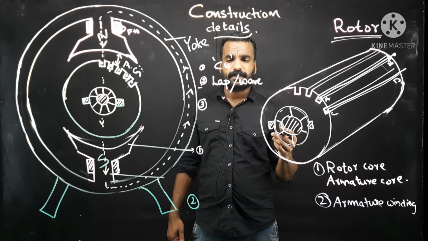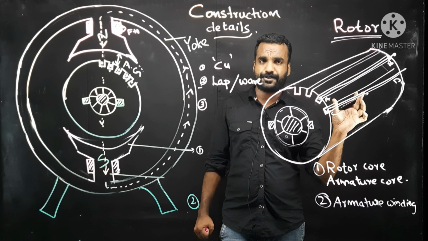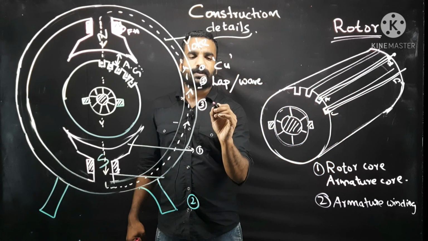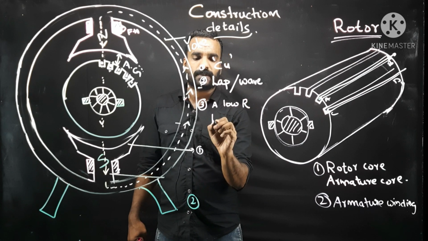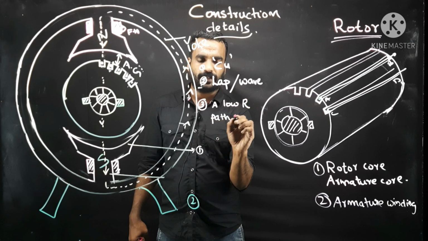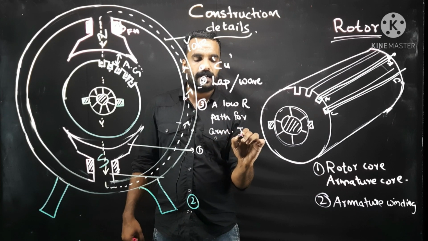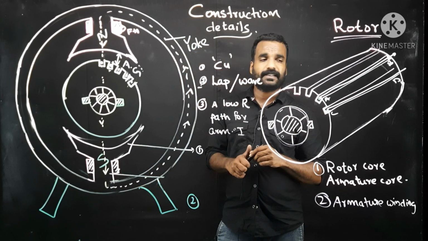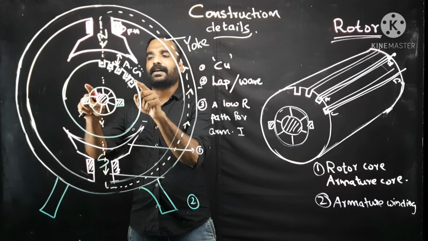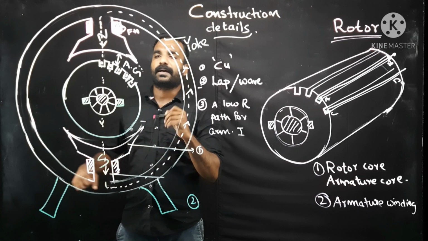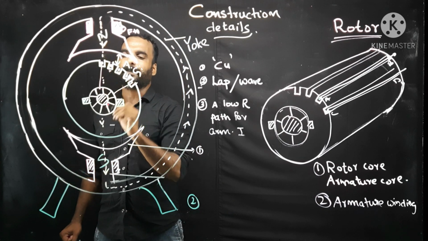Third thing, they will provide a low resistance path for armature current. So, armature current is an AC current that is produced inside the armature conductors, and we will connect those armature conductors to the commutator segments.